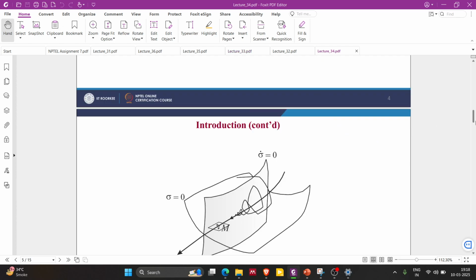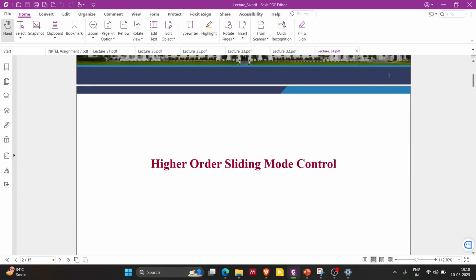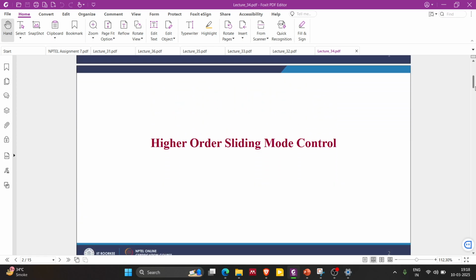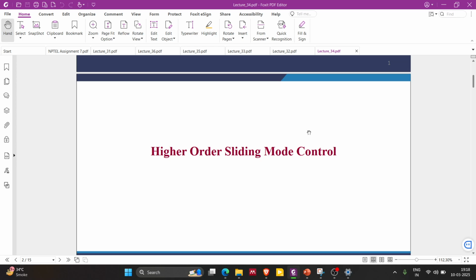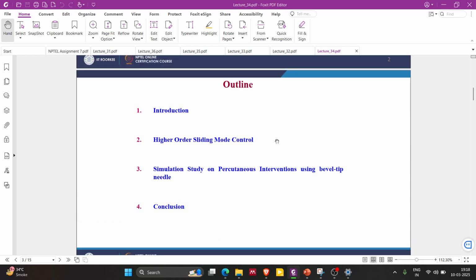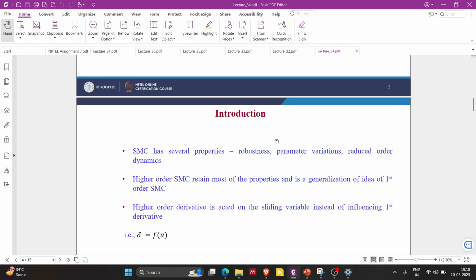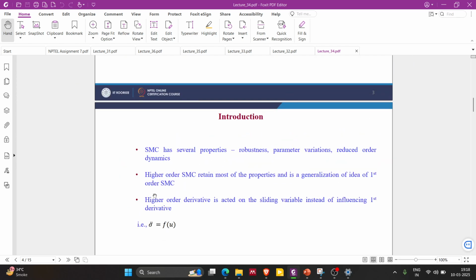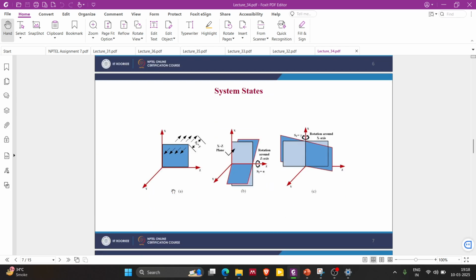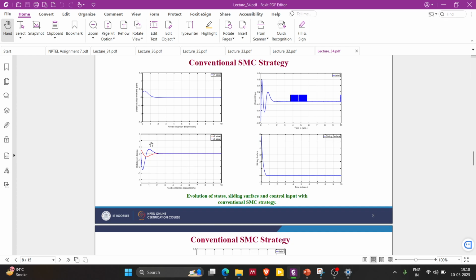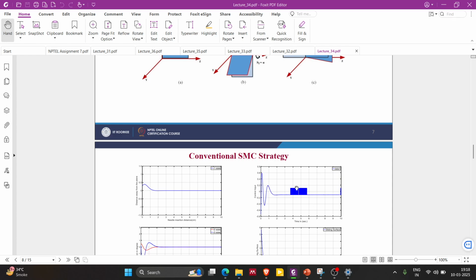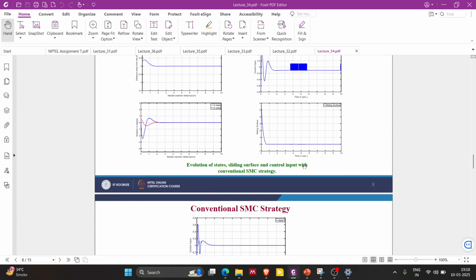Coming to lecture 34, it is a more advanced version of lecture 33. Here they have used a higher mode controller. In this case you need to understand why we have chosen this and what happened. You don't need to mug up these results. There is a chattering effect, so how have they reduced this chattering effect?